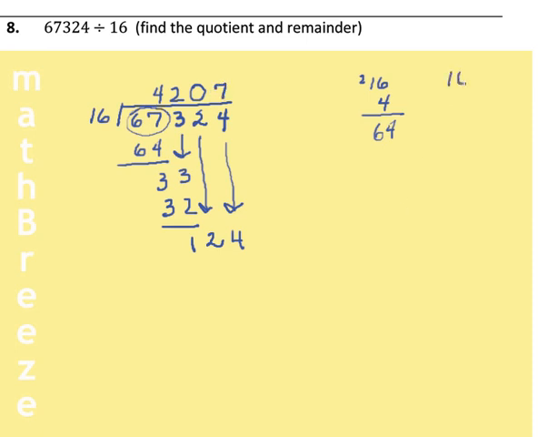So we're looking at 16 times 7. 7 times 6 is 42. 7 times 1 is 7, and 4 is 11. Alright, so 7 times 16, we have 112. And now let's subtract. So here we have 2 and 1, and that's our remainder. Remainder 12.